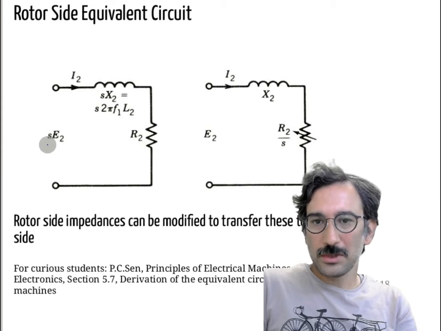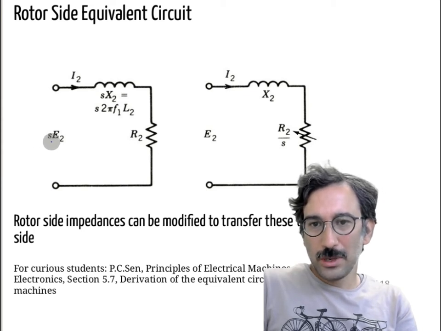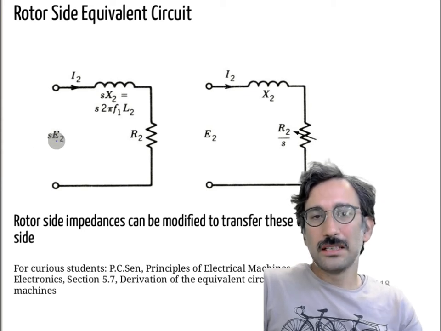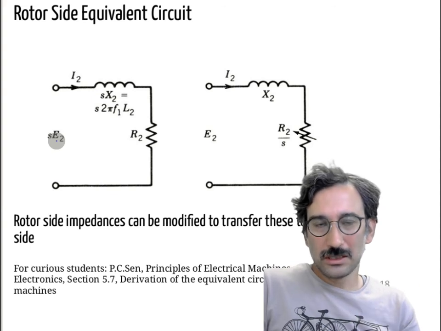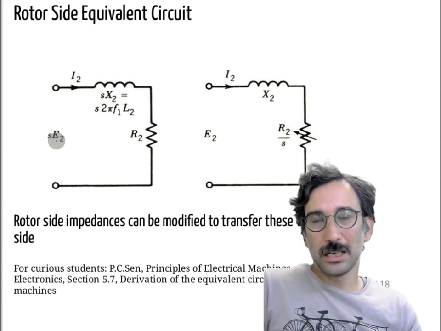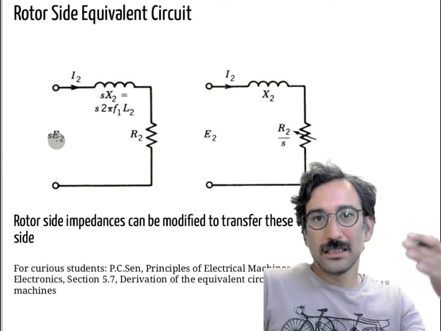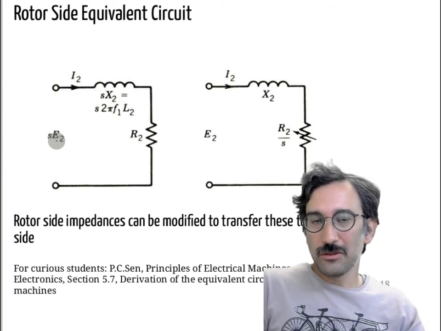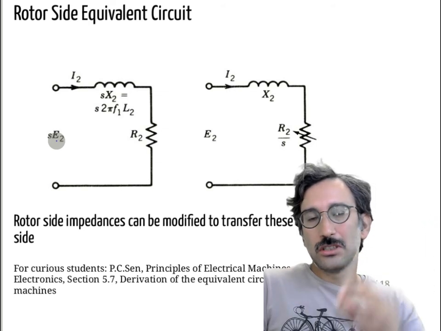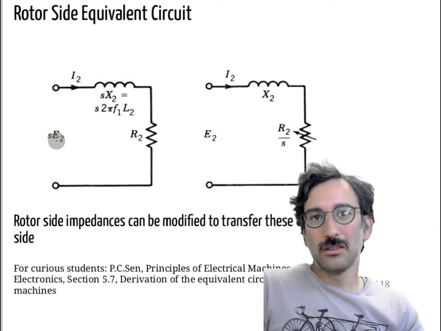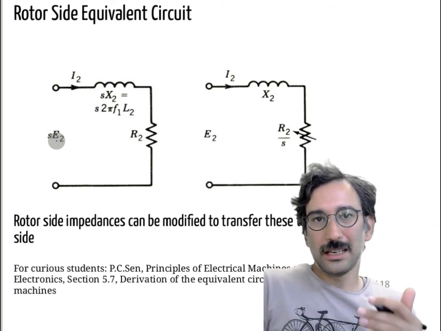So remember, when the rotor is stationary, it is generating at maximum frequency, let's say 50 Hertz. As it goes down to 5 Hertz, the induced voltage magnitude will also be reduced by a factor of 10.